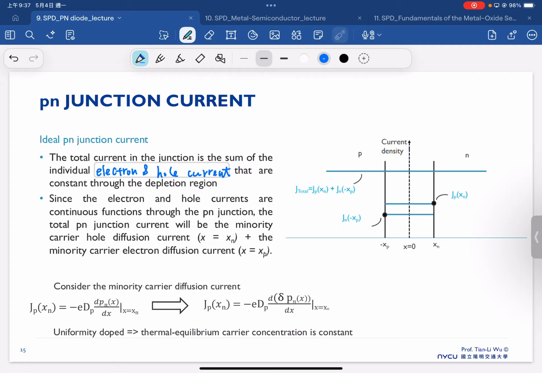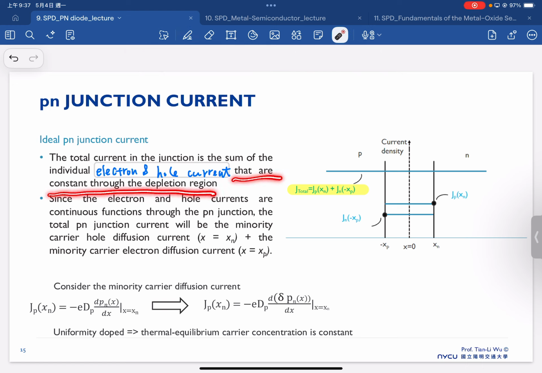If we want to estimate the total current, it is equal to the sum of the electron and hole current, and that is constant through the depletion region.